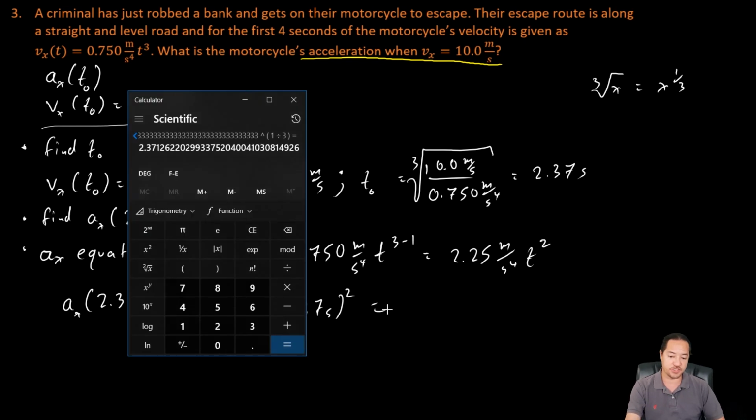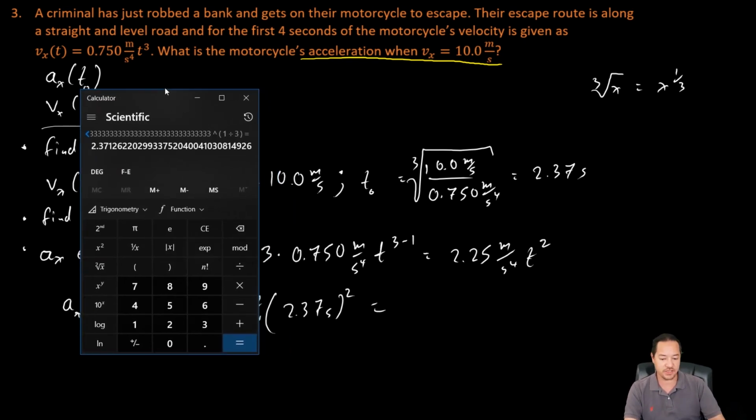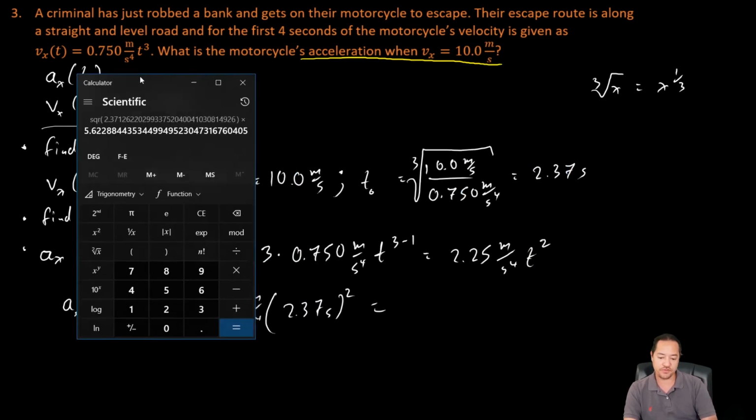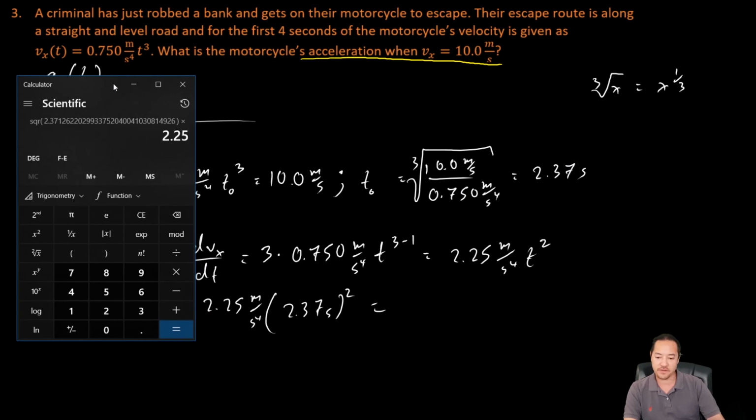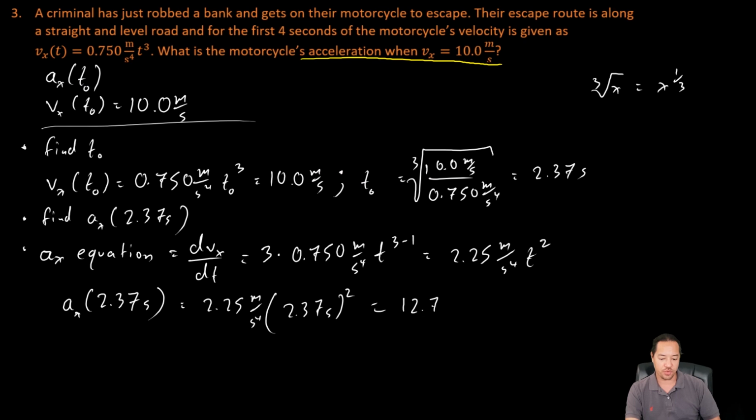So we just plug in some numbers: square the number of seconds, then multiply it by 2.25. That gives 12.7 meters per second squared. And that is going to be our final answer for the acceleration when the velocity is 10 meters per second. Great, hope that helped out.